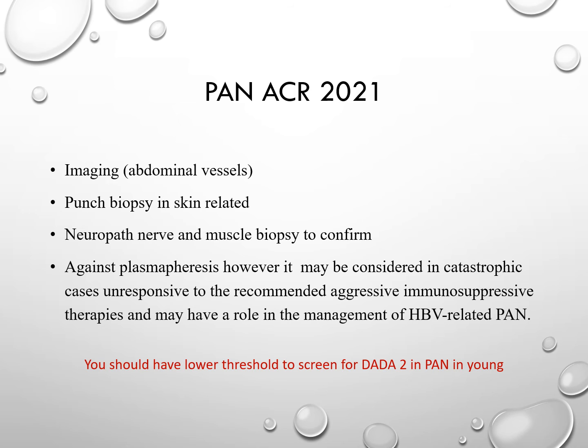Another issue, if you have a patient with end-stage renal disease and a life-threatening condition and you have used all your guns, plasma exchange could be used in such an instance. As we have mentioned earlier, HBV should be screened for, if available, in those patients with young age who present with PAN-like manifestations.